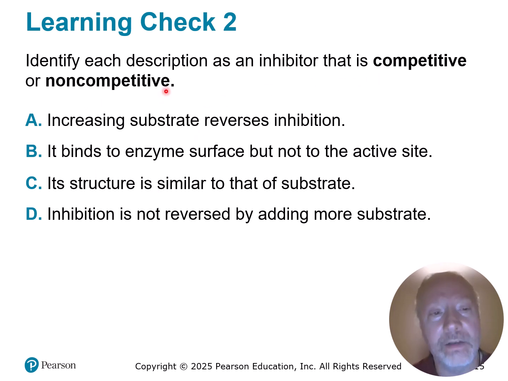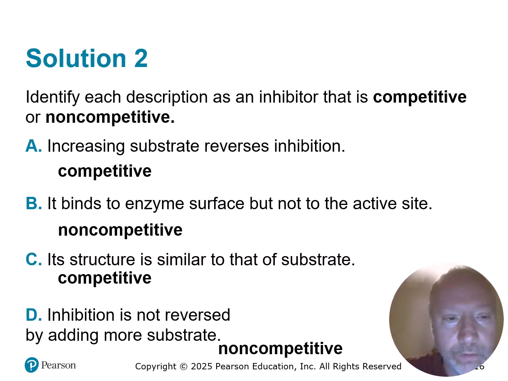But in non-competitive inhibition, adding more substrate doesn't help because the inhibitor is binding somewhere else besides where the active site is, where the original typical substrate will bind. So since it's binding somewhere else and the inhibitor can look totally different than the substrate, that's got to be non-competitive inhibition. You guys have learned a lot. Let's move on. Our answer's correct. You can double check what I said there to make sure it's right.